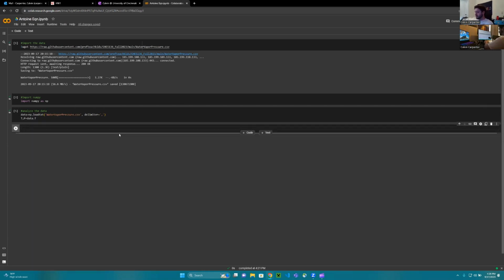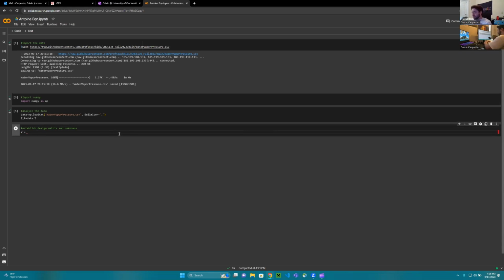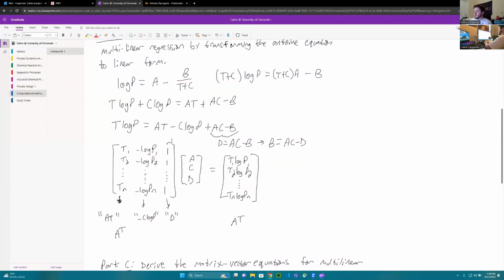All right, so next we are going to establish the design matrix and the unknowns. Okay, so V is going to be our design vector. So this is where our equation comes in.